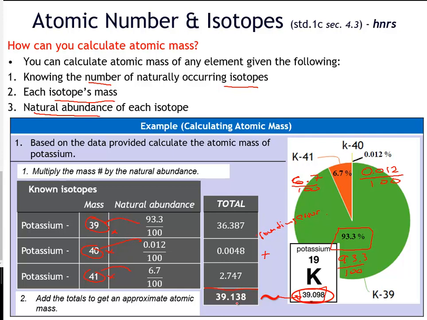But those are some rationales as to why these don't match up. But that's how you do it. That's how you get the atomic mass of an element, given the masses of the known isotopes and given the natural abundance of each isotope.